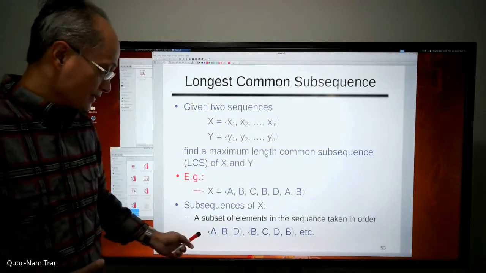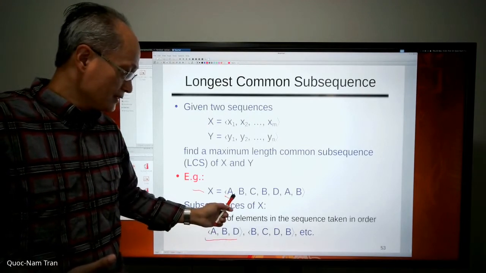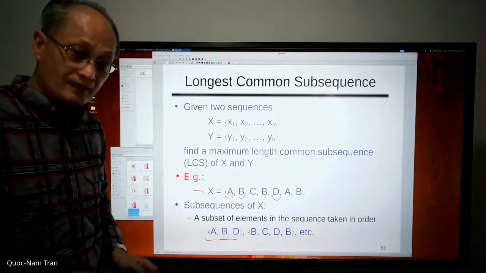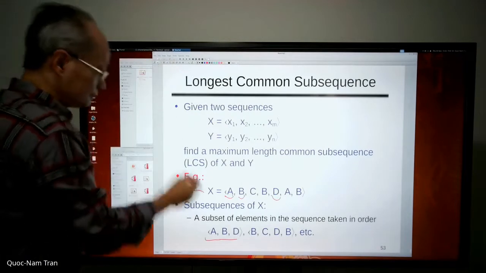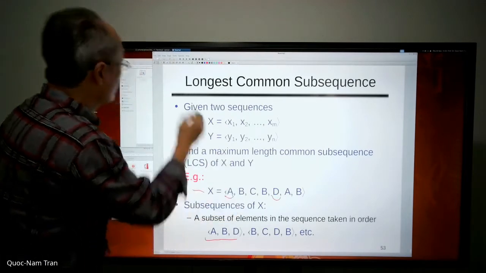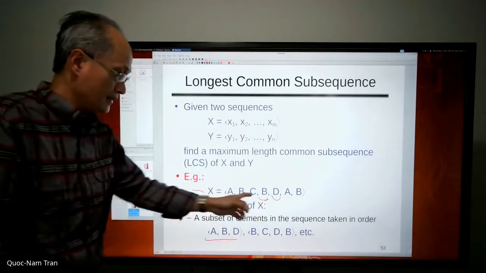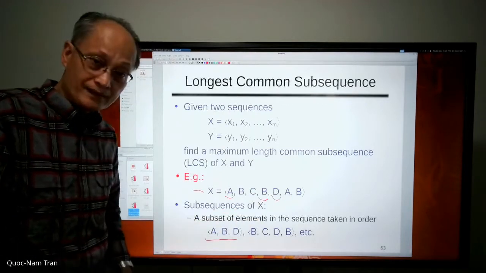That said, ABD is a subsequence, meaning that we can have A here, B here, and D here, or we can also have A here, B here, and D, which is also ABD as a subsequence.